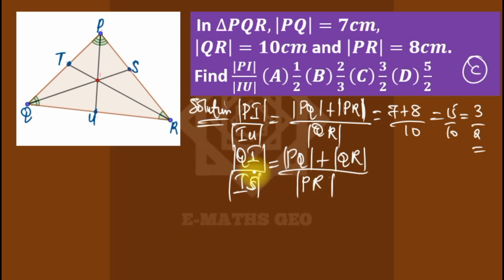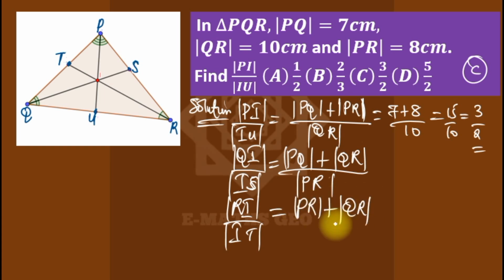If you are looking for RI over IT, it is equal to PR plus QR over PQ. So that's how we got the answer.